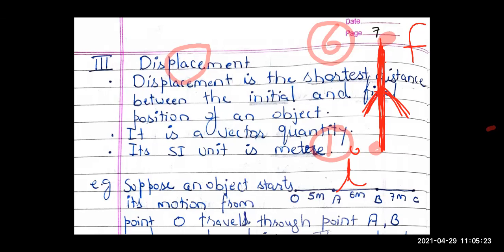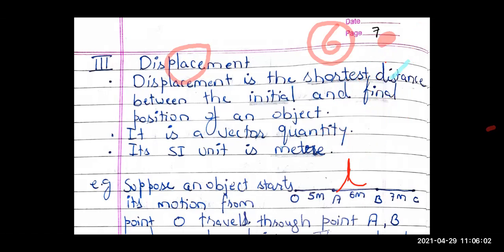It has direction and it has magnitude also. Suppose the displacement which you have made is 10 meters. So your displacement magnitude is 10 meters and direction is from the first bench to the sixth bench, right? So displacement is defined as the shortest distance between the initial and the final position of an object.